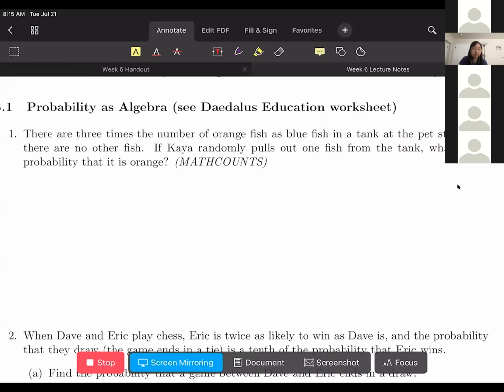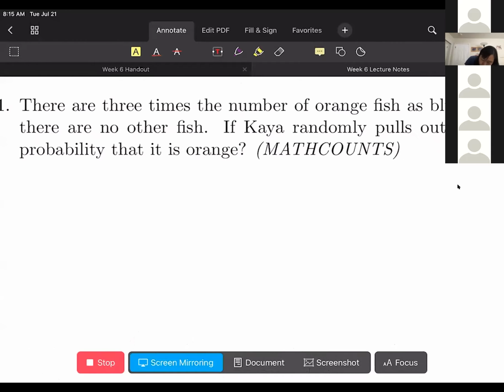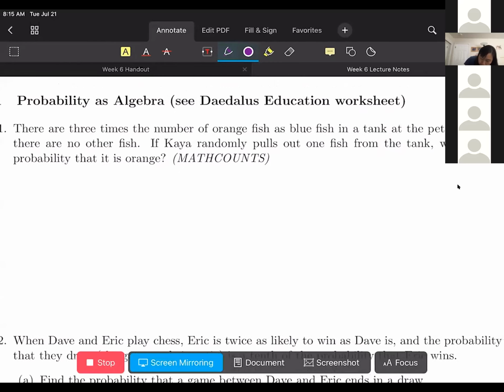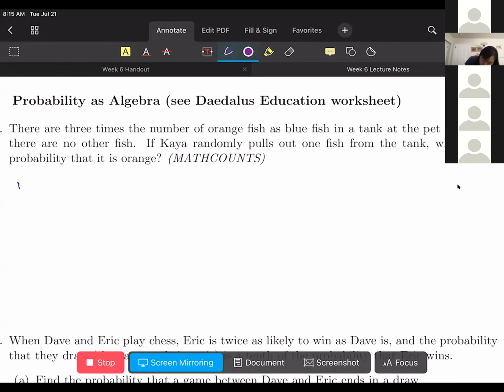Well, first, we could start with the simple fact that, let's say, the probability of an orange fish is O, the probability of a blue fish is B, and O plus B equals 1. We also know that the probability of O is 3 times the probability of B, due to there being 3 times the number. That means O equals 3B.